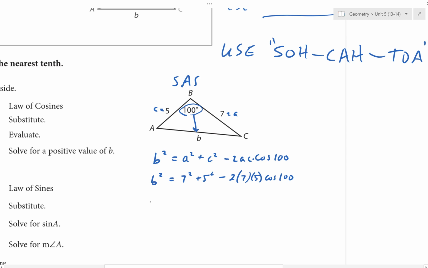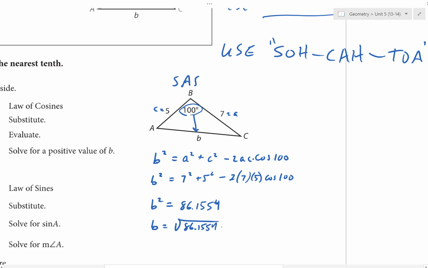And so then if we type all that into the calculator, make sure you're in degree mode, and then type in 7 squared plus 5 squared minus 2 times 5 times 7 times the cosine of 100. And that is b squared equals about 86.1554. And then b is going to be the square root of that.